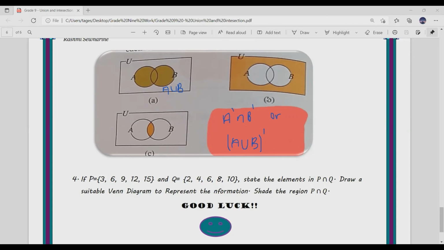Either one is correct for this one here. That's the answer for this one.